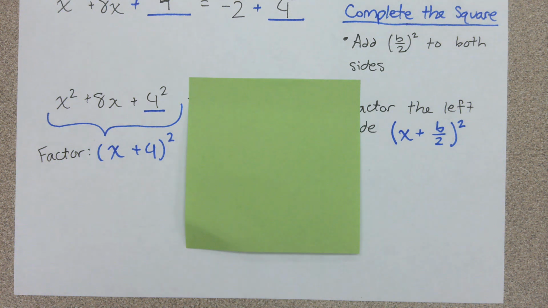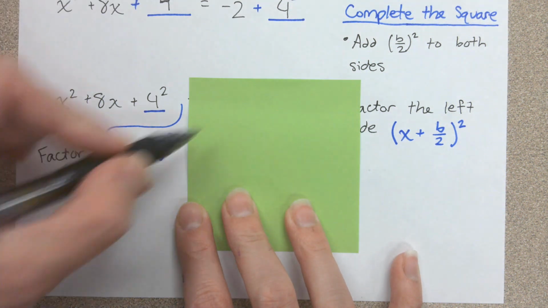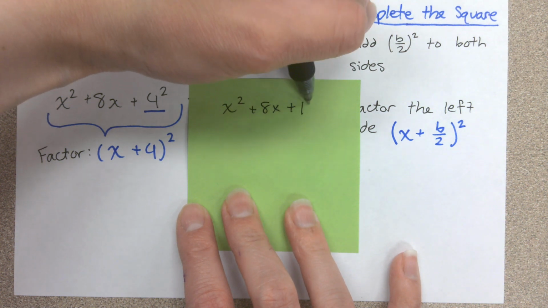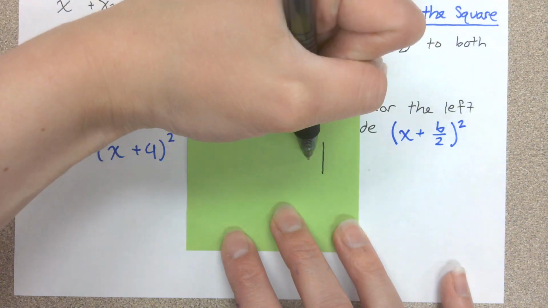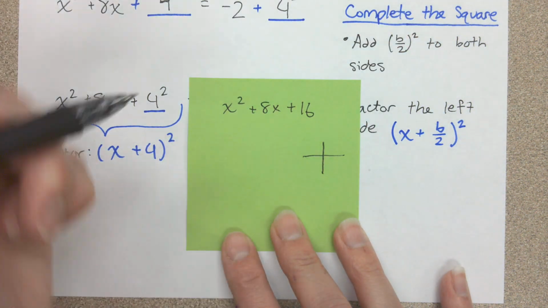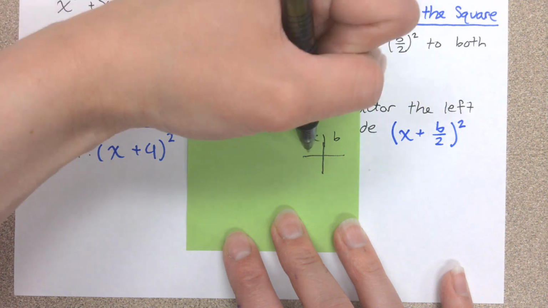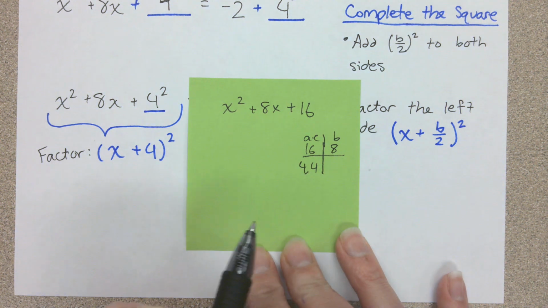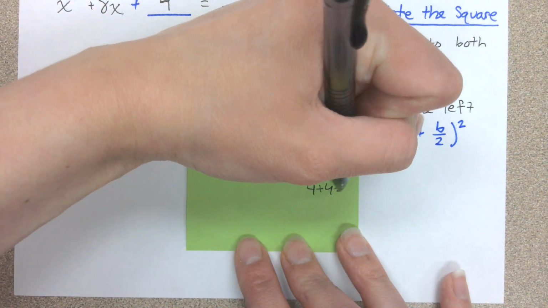But for those of you who want to be able to see exactly what I'm doing and why it works out this way, I'll give you the quick little explanation here. So this is actually x squared plus 8x plus 16 if I square the 4. And then if I make my little t-chart to solve this, a times c, do an ACB chart, that would be 16 and b would be 8. Your factors would be 4 and 4 because 4 times 4 is 16 and 4 plus 4 is 8.